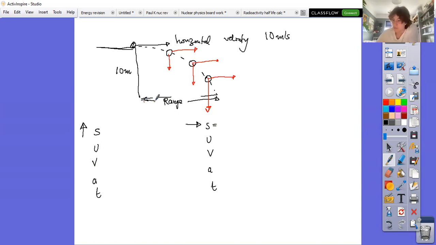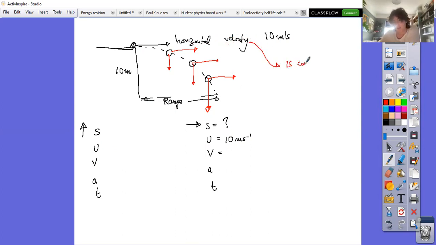So S, the distance, that horizontal distance, the range, we don't know that. What's the initial velocity? Well, the initial velocity is 10 meters per second. What do you say the final horizontal velocity is? 0, because it comes to a stop on the ground. Not quite. So this is where it's very important to remember that horizontal velocity is constant. It never changes.